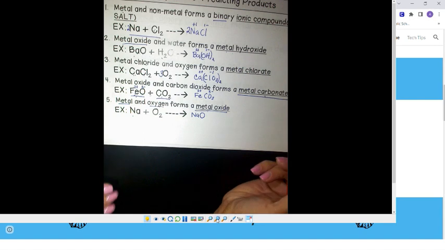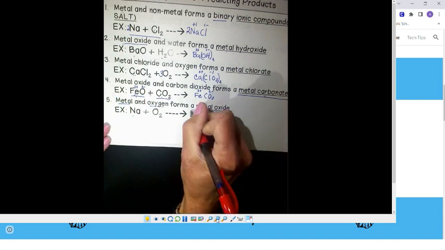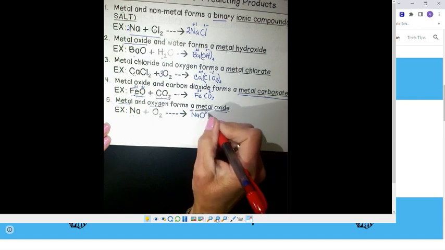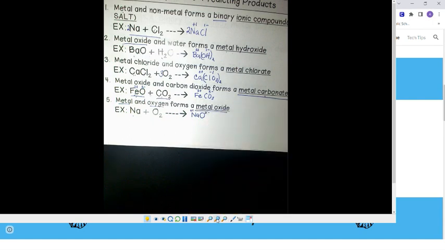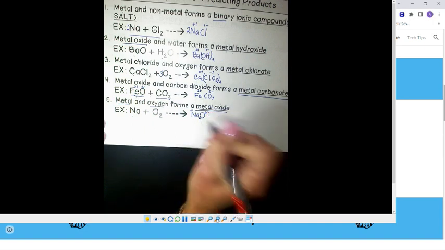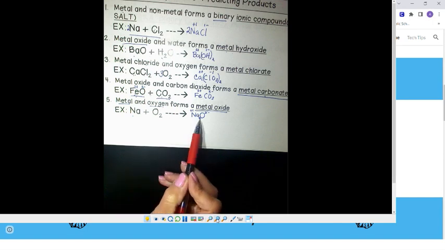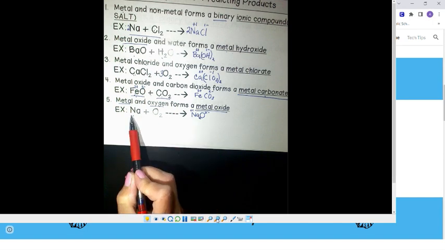What's sodium's oxidation number? +1. And what's oxygen? -2. So who needs the subscript, sodium or oxygen? Sodium needs a 2 right here. And then we're going to check to see if it needs to be balanced. So we got 2 sodium here and 1 here.